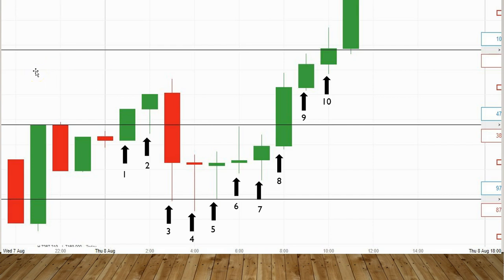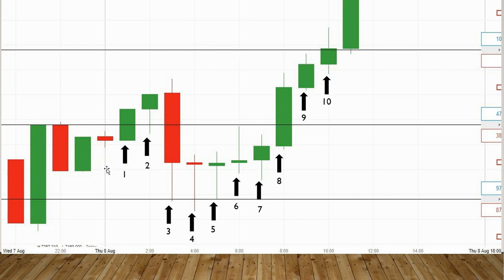This is the Nadex hourly chart of the FT100 for August 8th. Each bar represents 1 o'clock, 2 o'clock, 3 o'clock, 4 a.m., 5, 6 o'clock, on and on for the rest of the day.